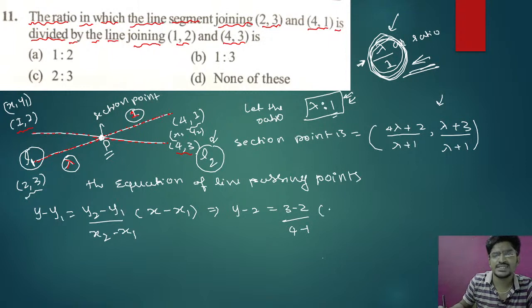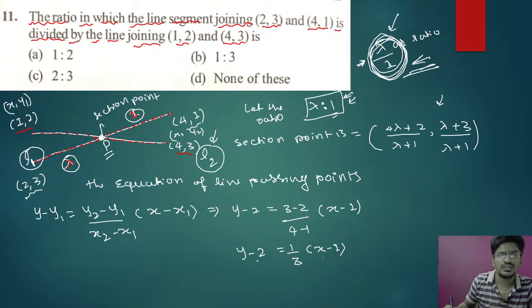One more thing is x minus x1, where x1 is 1. So this will be y minus 2 equal to (3 minus 2, which is 1) divided by (4 minus 1, which is 3) into (x minus 1). So take cross multiplication. This will be 3y minus 6 equal to x minus 1.